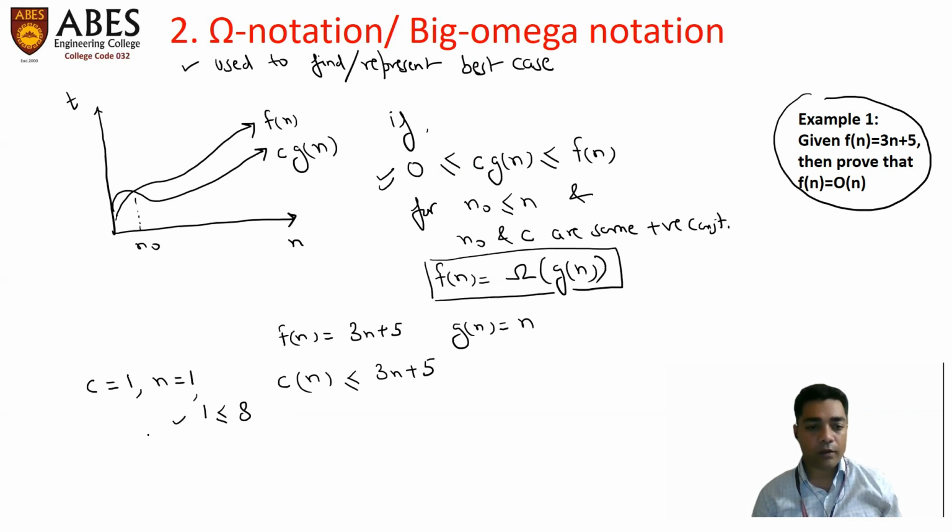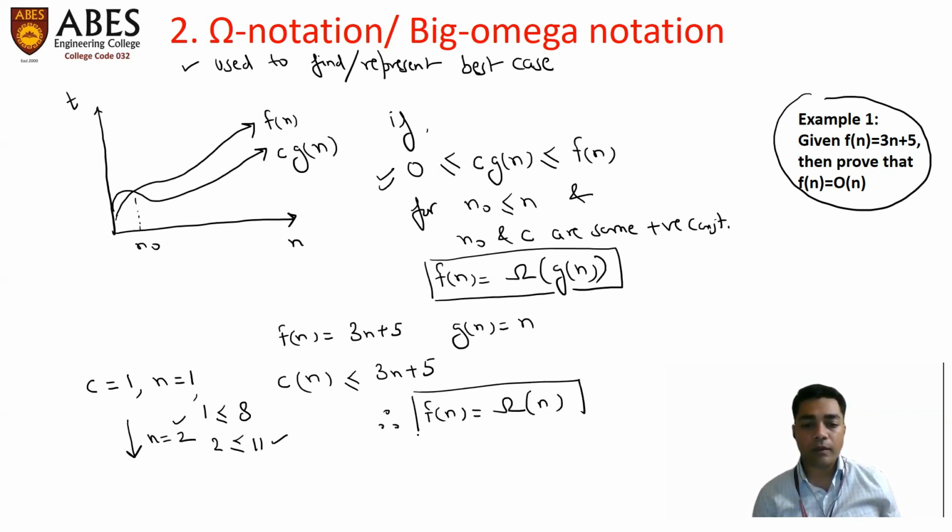Let's try n equal to 2, so 2 less than or equal to 11. So we are getting it correct the first time. So yes, we can represent it like this, and we will say therefore f(n) is equal to omega of what is g(n)? n. Okay, and this is how we can represent it in the form of big omega.